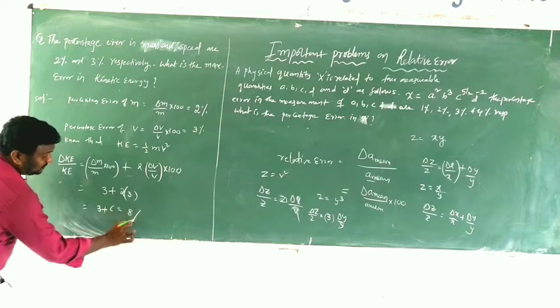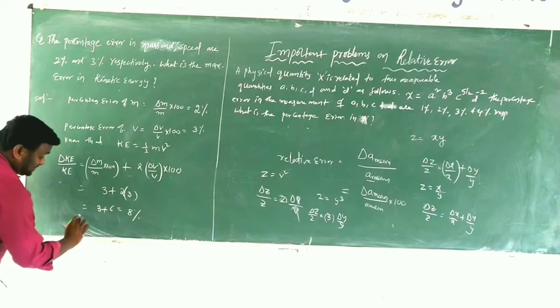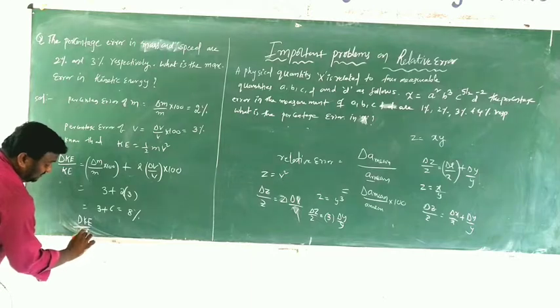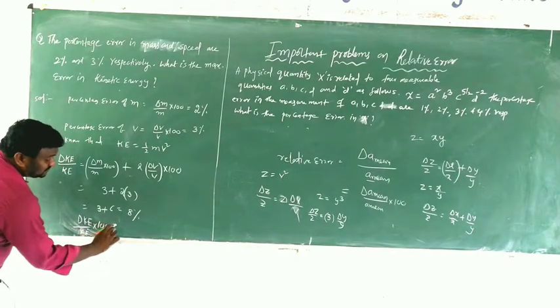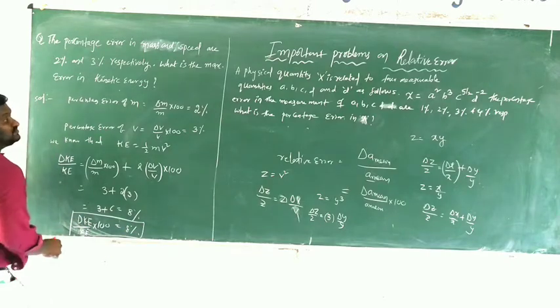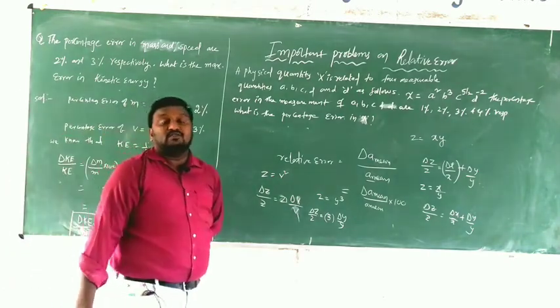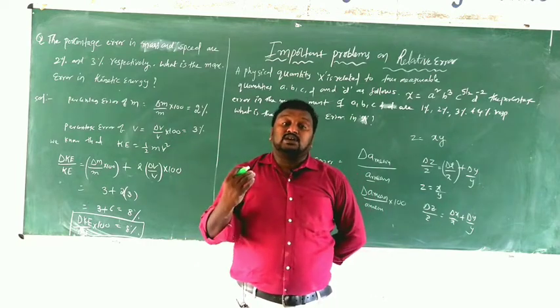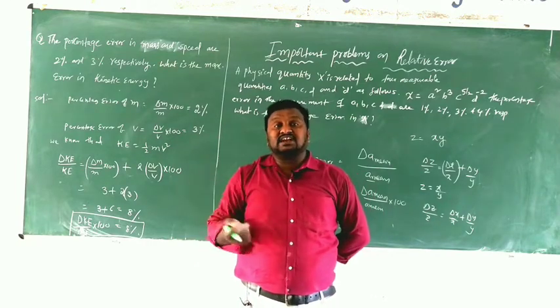That is equal to 8%. That means the relative error of kinetic energy, delta KE by KE into 100, is 8%. So in this way we find the percentage error of different quantities by using different relations.